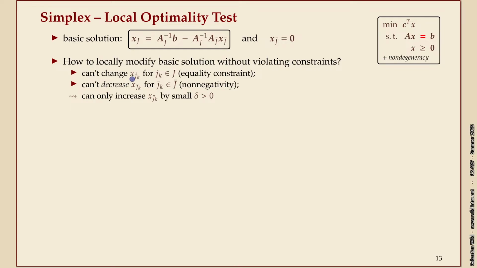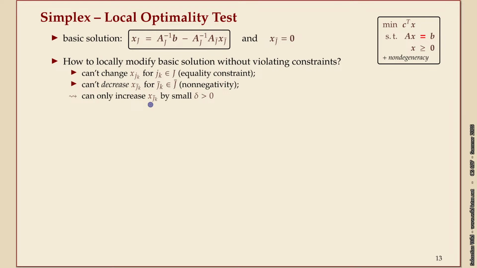We can't take any of the xj's and modify them because we would violate the equality constraint. And we can't decrease the non-base variables because that would violate the non-negativity. They're already at 0.